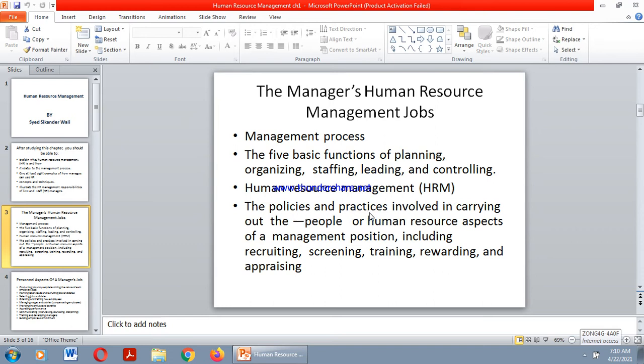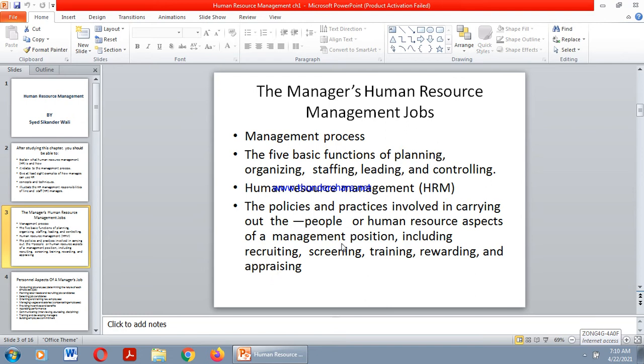The policies and practices involved in carrying out the people or human resources aspects of management position, including recruiting, screening, training, rewarding and appraising. I have told you that the management is a process, and what is that process?